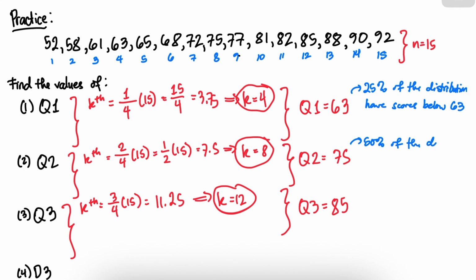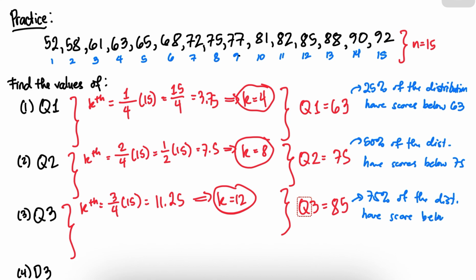Okay. For Q2, 50% of the distribution have scores below 75, and for this one, 75% of the distribution have scores below 85. We can also use the contrary or the opposite way to describe this. So just an example, you can also do this for Q1.